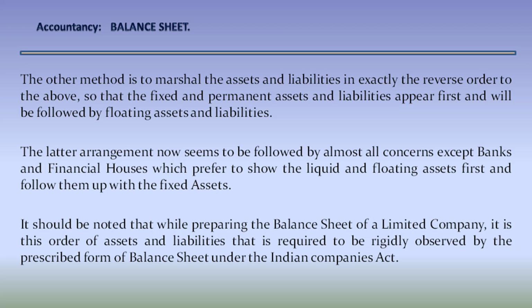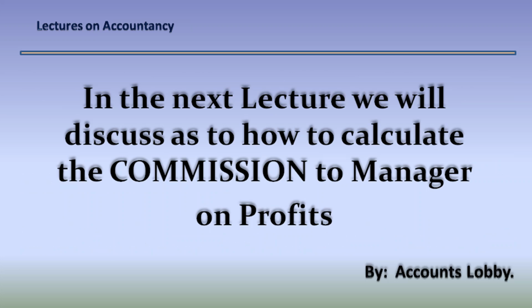It should be noted that while preparing the balance sheet of a limited company, it is this order of assets and liabilities that is required to be rigidly observed by the prescribed form of balance sheet under the Companies Act. In the next lecture, we will discuss how to calculate the commission to manager on profits.